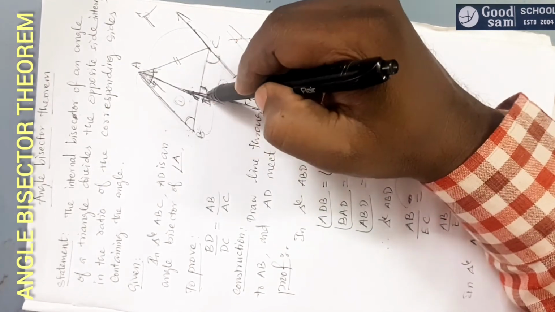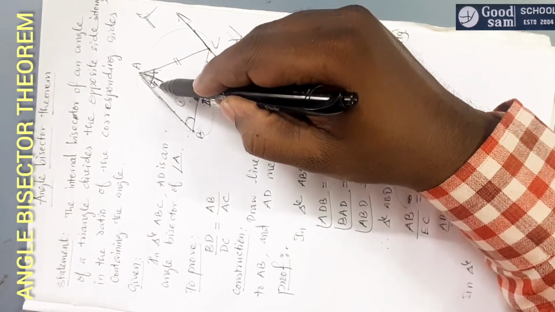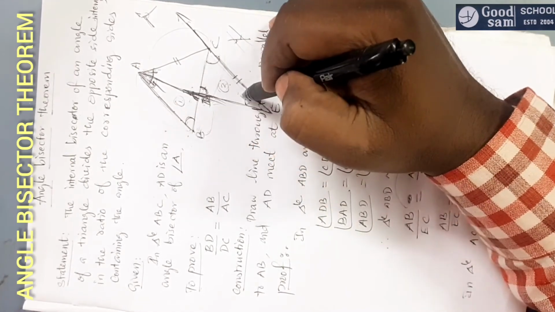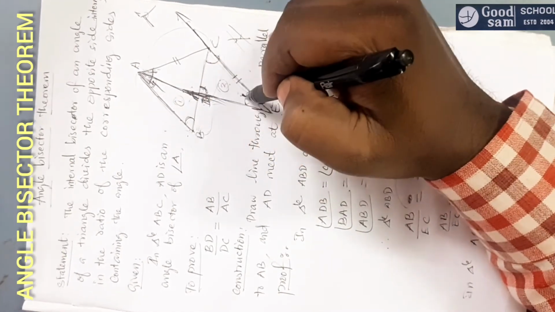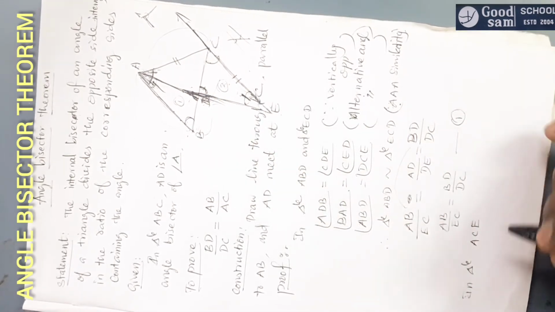If AD is an angle bisector, these two angles will be equal, and these two angles are already equal because they are alternate angles.